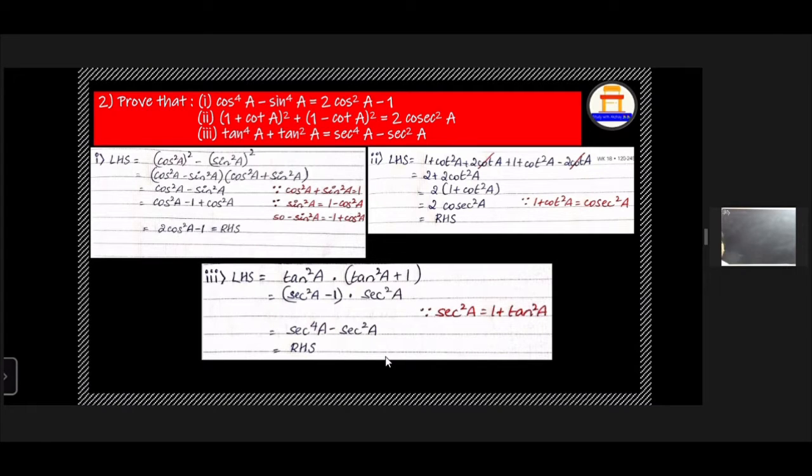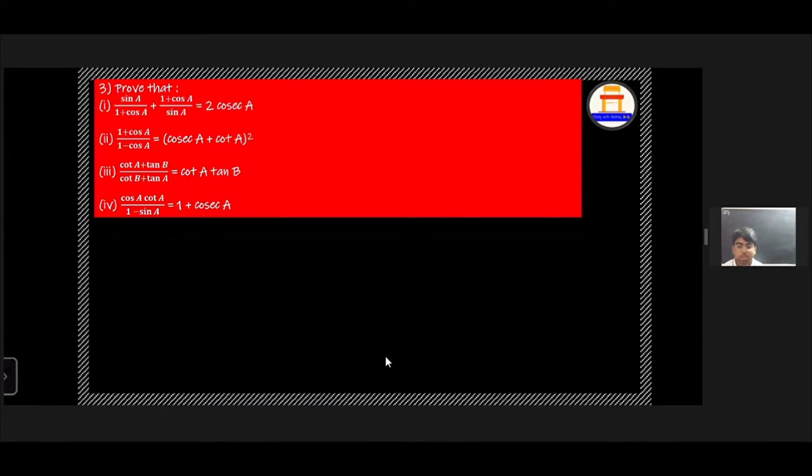With this, we can move ahead with question number 3. Question number 3 basically has 4 sub-questions. The first sub-question is sin A divided by 1 plus cos A plus 1 plus cos A divided by sin A equals 2 cosecant A. So let me get started with that.